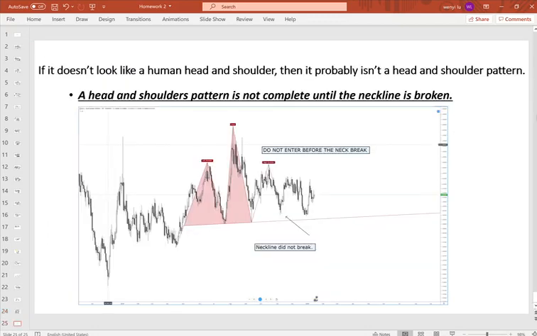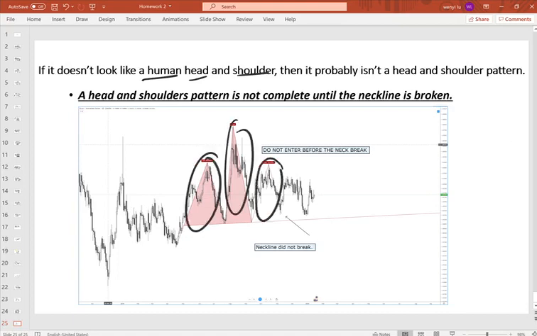Be careful. How can you detect whether it is a head and shoulders pattern or not? You should be very, very careful. It must be exactly the same as our human head and shoulders: one head and two shoulders.